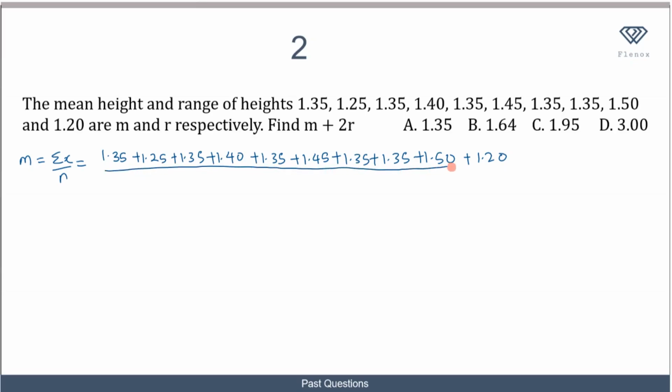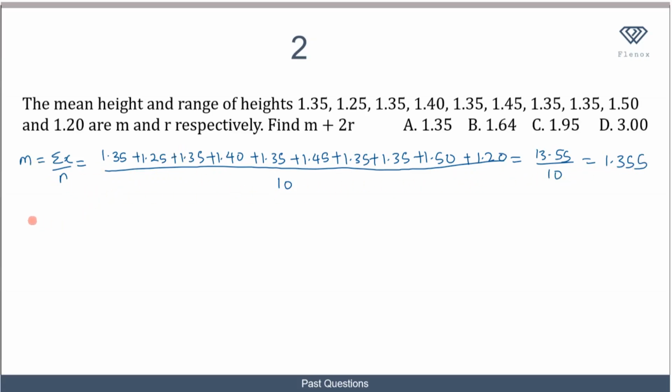How many numbers do we have over here? We have 1, 2, 3, 4, 5, 6, 7, 8, 9, 10. We have 10 numbers. So when you sum those together, you get 13.55, and when you divide by 10, you get 1.355. So our value of M, which is the mean, is 1.355.